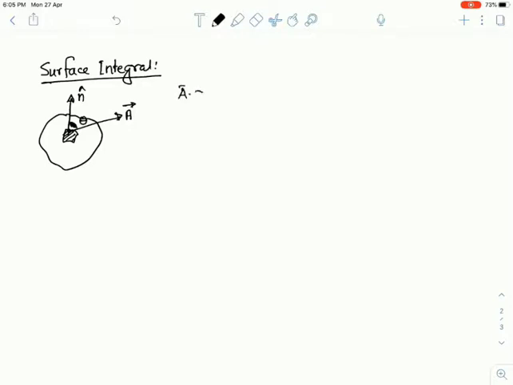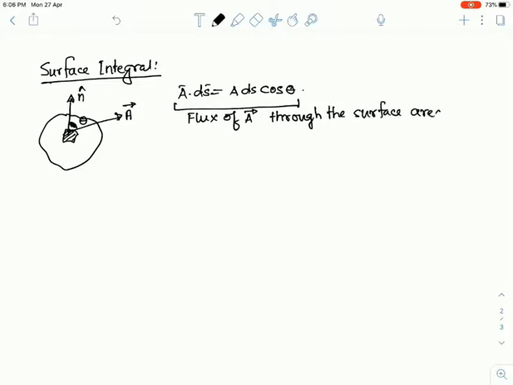So for this area ds, A dot ds equals A ds cos theta, and it is called the flux of A through that area ds, where theta is the angle between A and the ds vector, or the angle between A and the unit vector n, where n is the positive unit normal to the area ds.